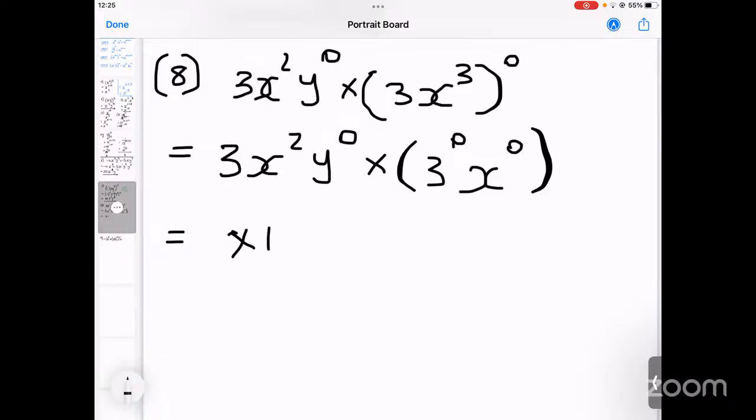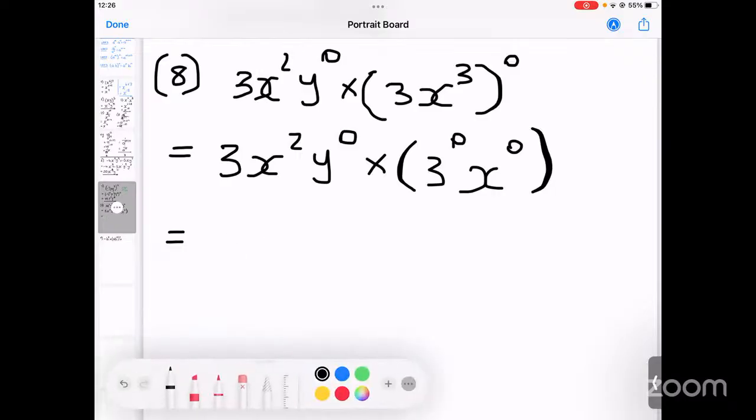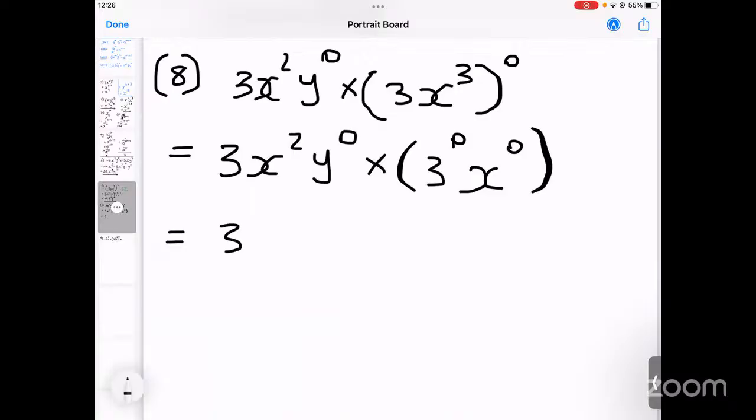And then what is the final answer? The final answer is 3x to the power of 2 and y to the power of 0 times 1. Yes, that's what I wanted to write, Manahil. So you just say it exactly as it should be, times 1. Okay, is this the final answer? Yes.